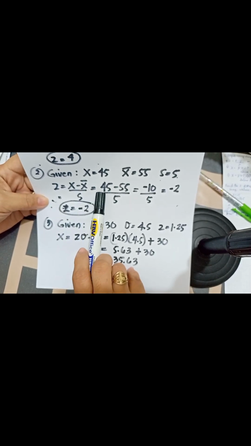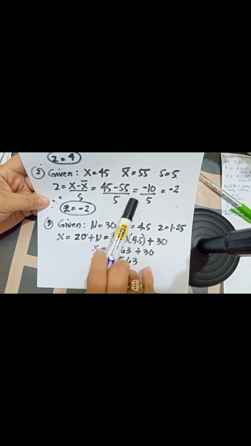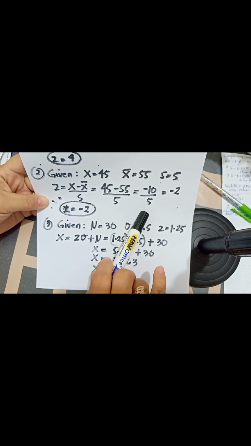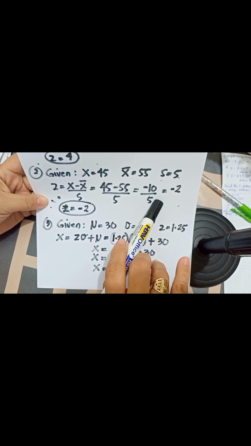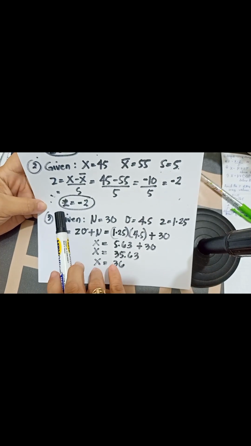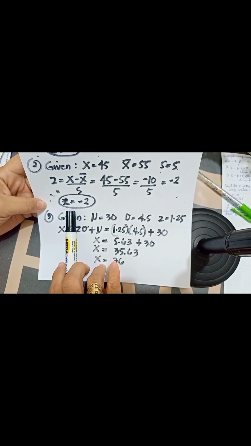So we have 45 minus 55 divided by 5 is equal to negative 10 divided by 5, which is equal to negative 2. Therefore, the value of your z-score is equal to negative 2.